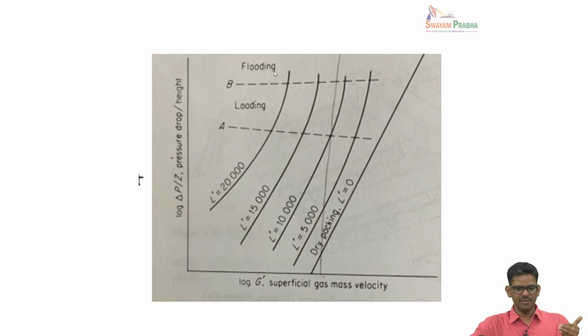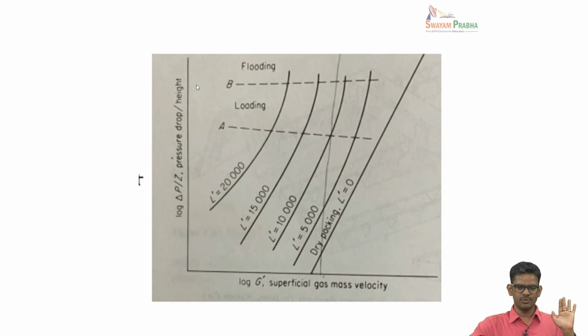The optimal performance is somewhere between A and B, where you are not letting the column flood, and at the same time you are able to operate at the highest possible gas and liquid flow rates. In terms of design, we generally say that delta P by Z should be just about the flooding pressure.